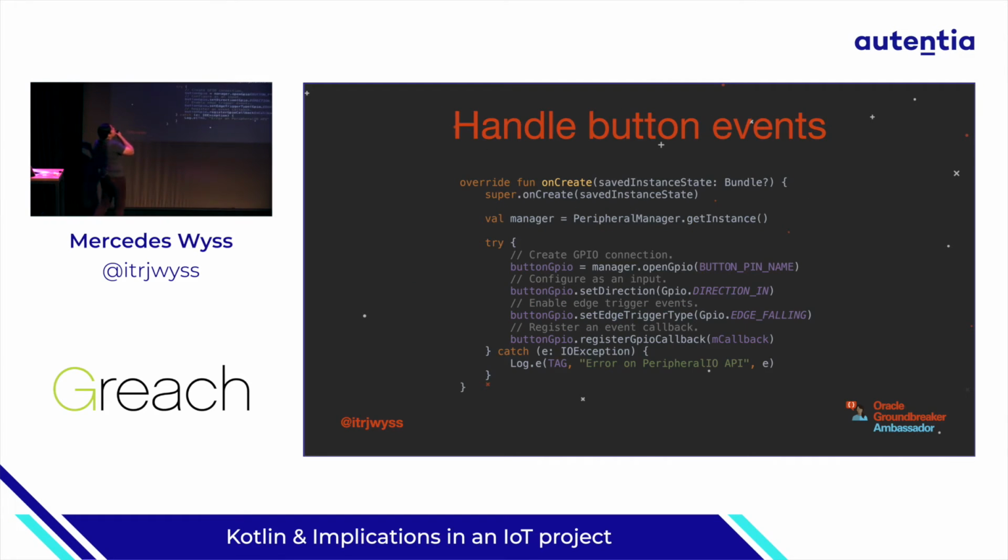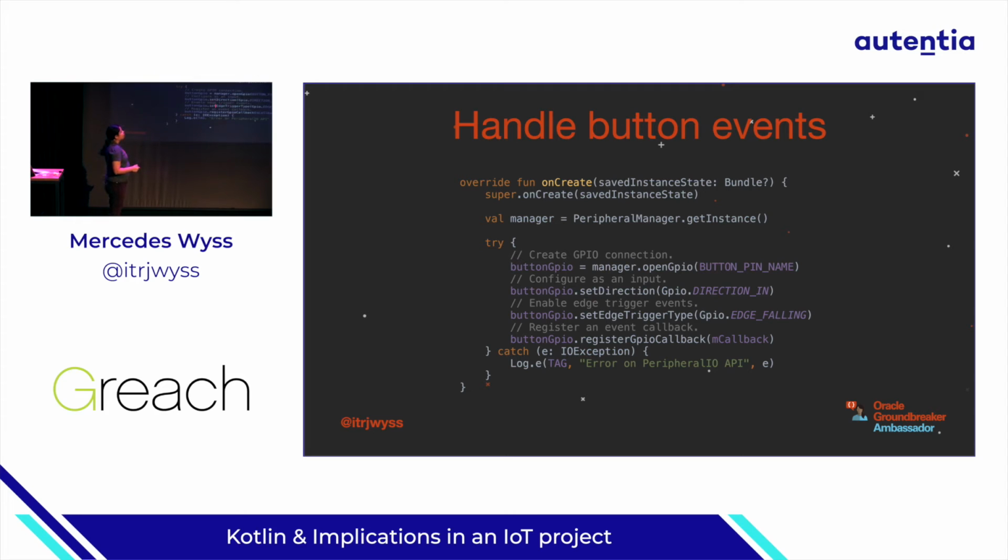Okay, I have here my onCreate method that happens after the construction, and I am creating here a manager. I am creating an instance of the peripheral manager, and now I am creating my button GPIO. With the manager, I am opening my connection. I put the name of this pin. I will set the direction. I am establishing that this is a GPIO that I will read, so I will capture information from it.